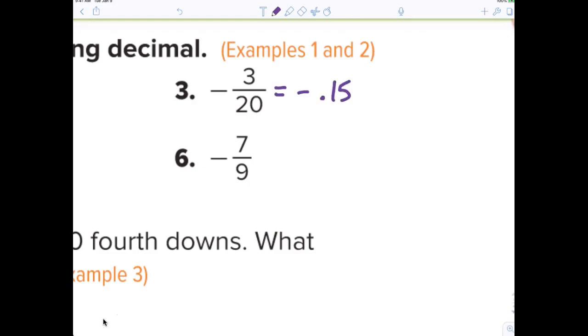Because, what did you do? That's exactly right. Multiplied by 5, and that created 15 over 100, which back in the good old days of, I think, the beginning of 3rd and 4th grade, you did decimals. So you're supposed to know that that's 0.15. Is everybody happy with that?